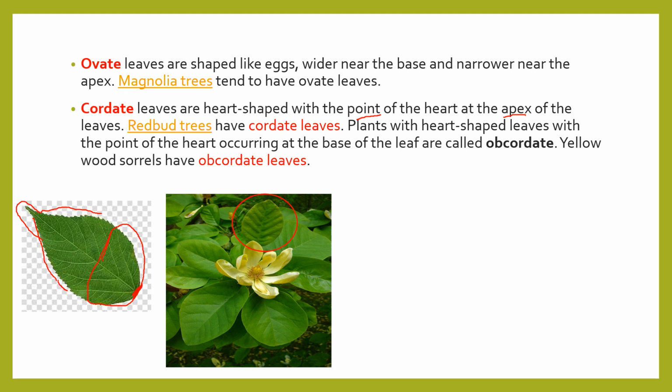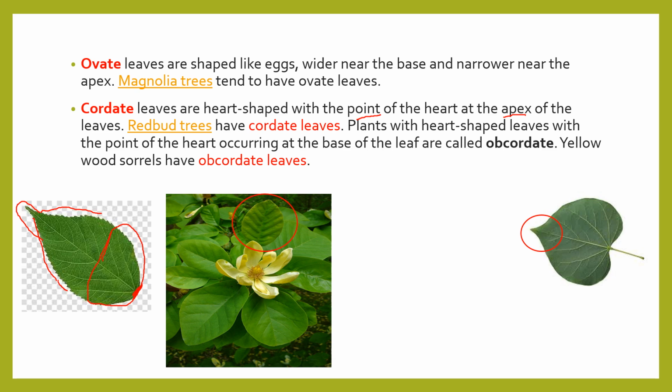So this one is called cordate leaves. For example, this one looks like a heart, and the point of the heart is at the apex of the blade, the apex of the leaf.